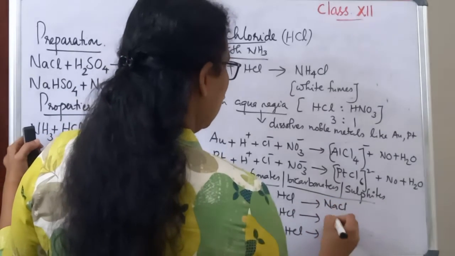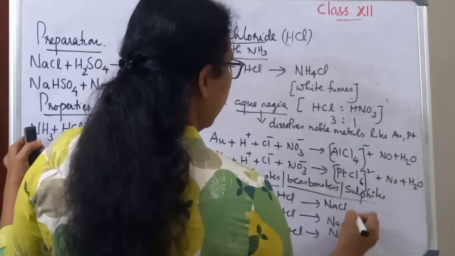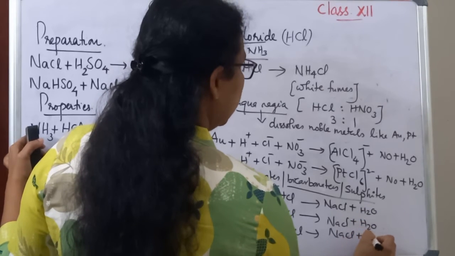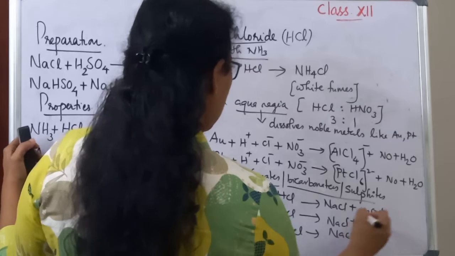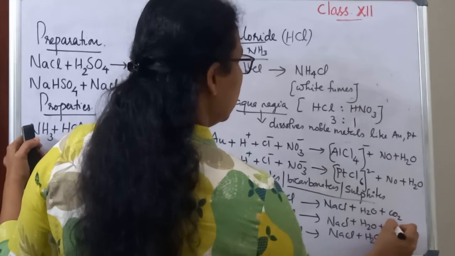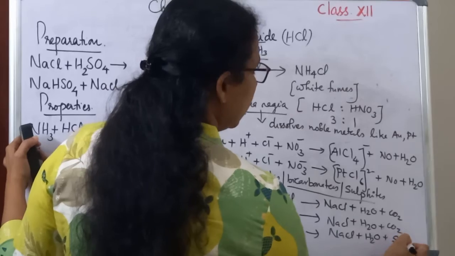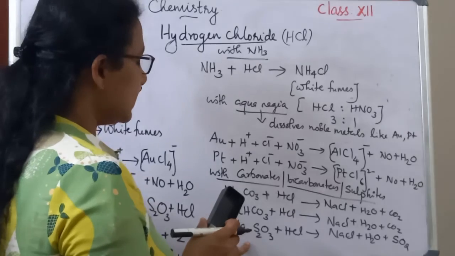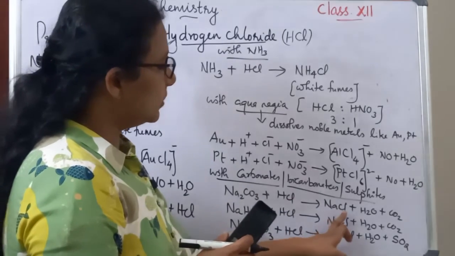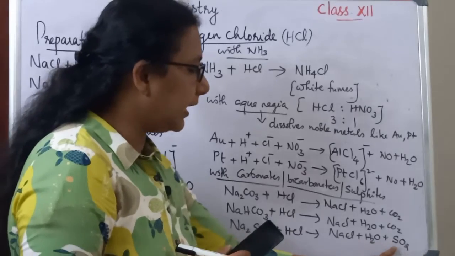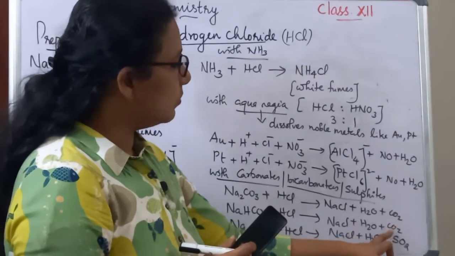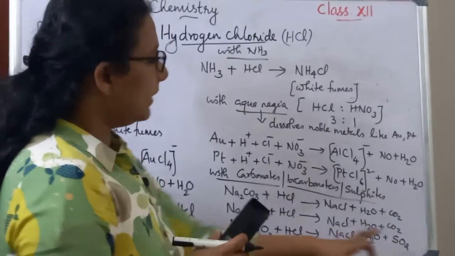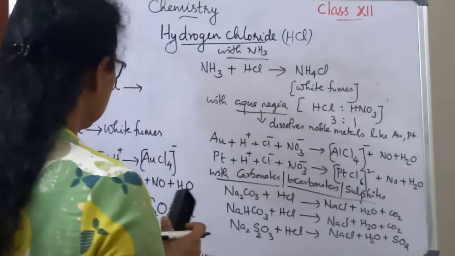NaCl is the salt formed in all the cases. Then H2O will be there, and the corresponding gases are, in the two cases, CO2, and in the last case it will be SO2. So this is the reaction. So with carbonate, bicarbonate and sulfides, HCl reacts to form the corresponding salt, water and the corresponding gas. So in these two cases, carbon dioxide. So from carbonate, carbon dioxide gas will be evolved. From sulfite, SO2 gas will be evolved. So this is the reaction.